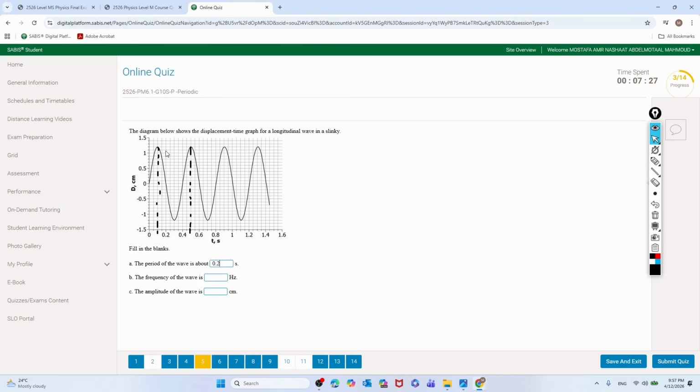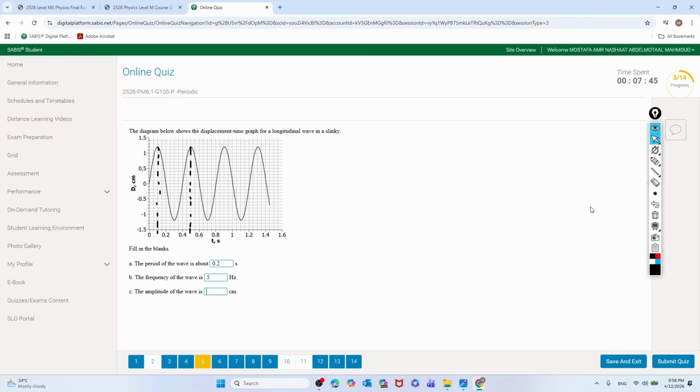And frequency, you just do 1 over 0.2, so you get 5 hertz, pretty low frequency.